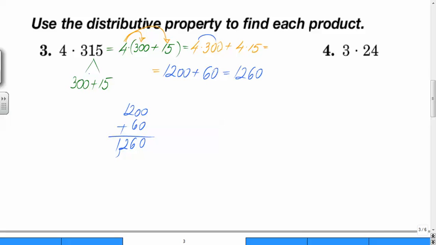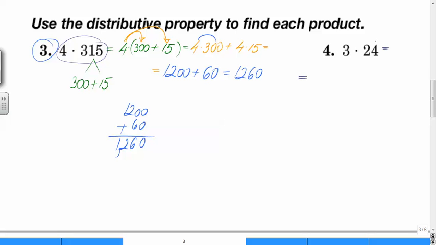Alright, so this is one way in which you can use the distributive property in order to multiply two numbers. Obviously, many of you will be able to multiply 4 times 315 right away. However, we need to practice with the distributive property, and this is how you can do it.